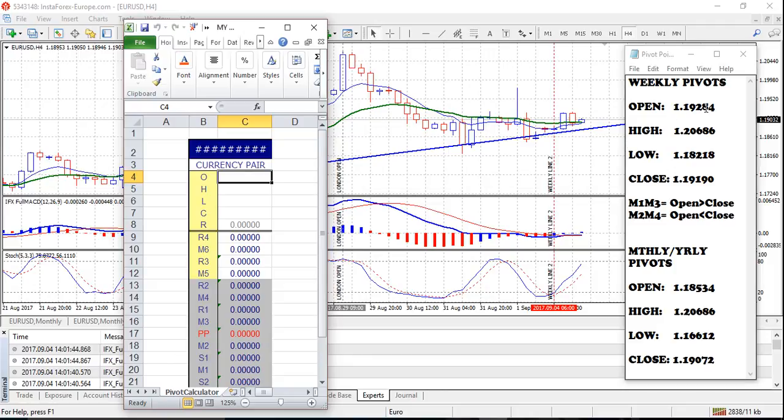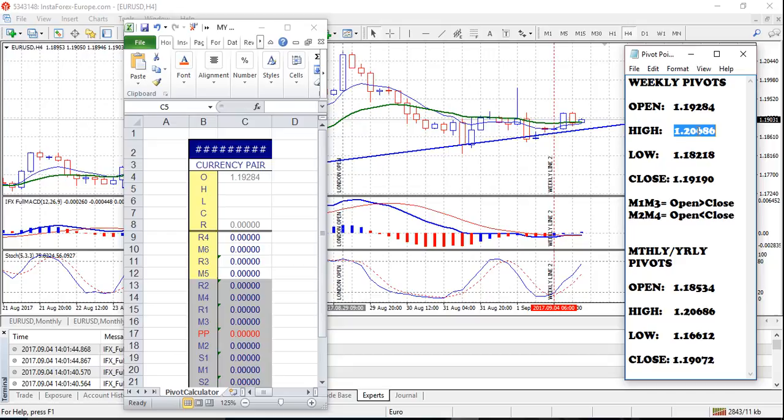So what I will do, I'll just copy and paste. I'll copy, Ctrl C, then I'll come here, I will do Ctrl V, then I'll move on to the next cell, which is this one now. I want to enter this high price here into this portion here.